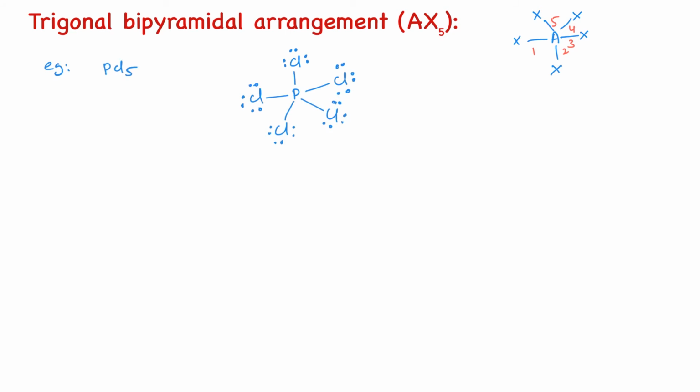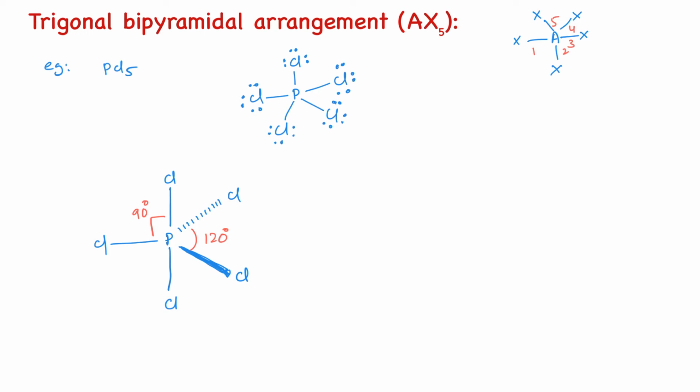As we can see from the Lewis dot structure, it has 5 single bonds around phosphorus and 0 lone pairs. That is, the total number of valence shell electron pairs are 5. These 5 electron pairs push each other as far apart as possible in the three-dimensional space, giving the molecule a trigonal bipyramidal geometry. There are 2 different bond angles for this geometry, which are 90 degrees and 120 degrees.